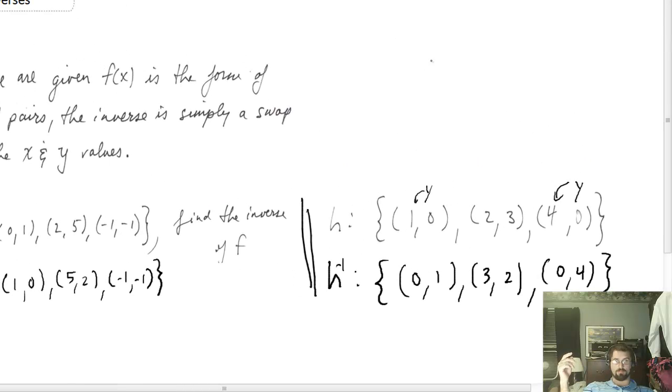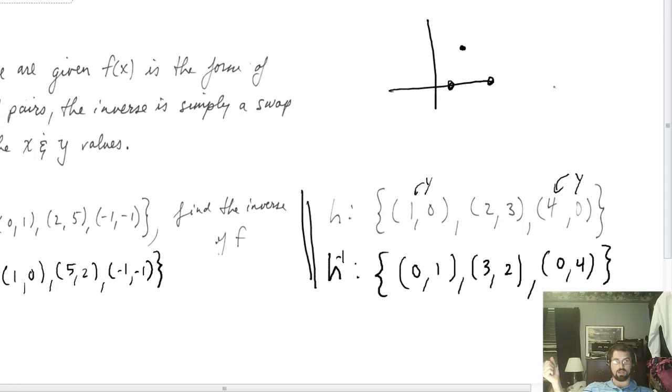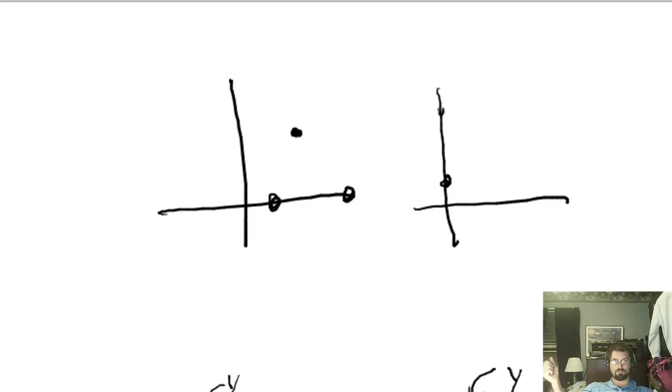And because of that, here was our mapping of h originally. 1 went to 0, 4 went to 0, and 2 went to 3. So we had those points. Well, if we swap the x's and the y's, then we're going to have something that looks like this, with 3 going to 2.